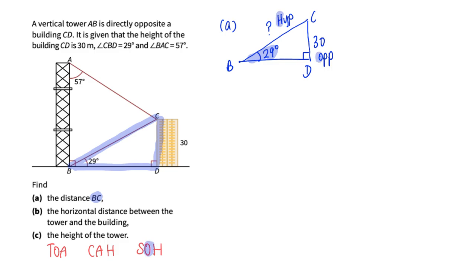With O and H, yep, we are going to be using sine ratio. O divided by H, 30 divided by BC. So I will be able to get my BC. Multiplying BC on both sides, dividing by sine 29 degrees on both sides.